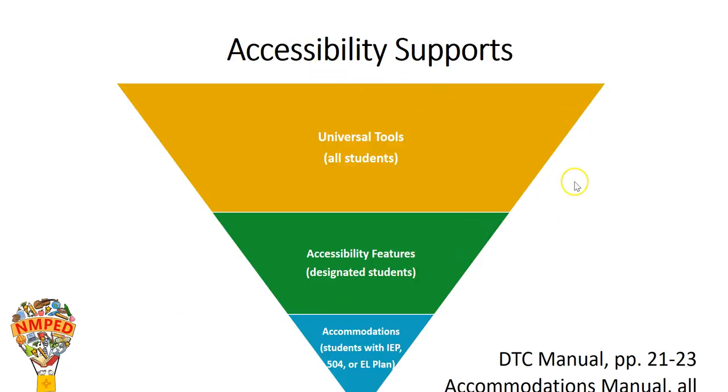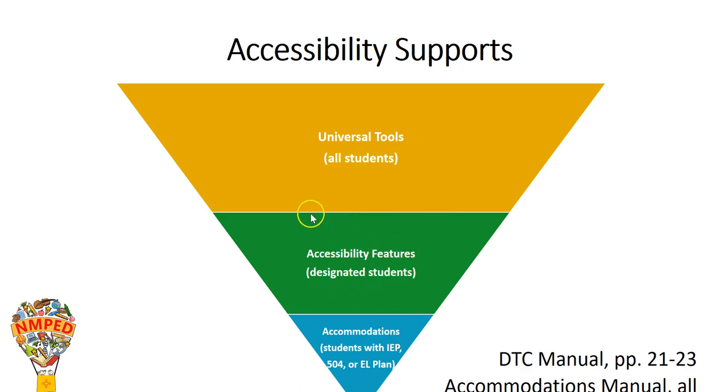So accessibility supports. Many of our platforms or our portals have accommodations or tools that all students can use, such as a magnifier or a highlighter, different features. So that's for all students. Accessibility features are designated for students.